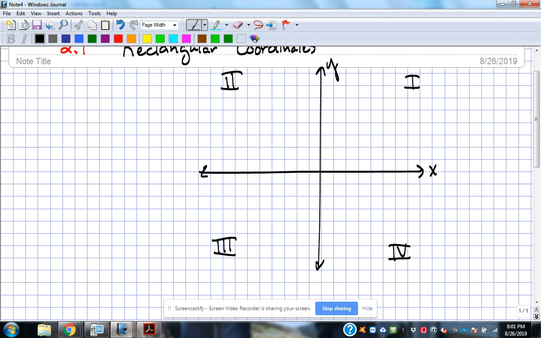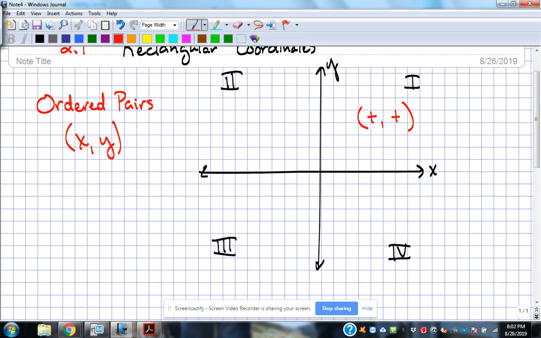So when it asks you where an ordered pair is, it's saying what quadrant is it in. When we talk about ordered pairs, we're talking about X, comma, Y. Ordered pairs in quadrant 1 have positive X's, positive Y's.